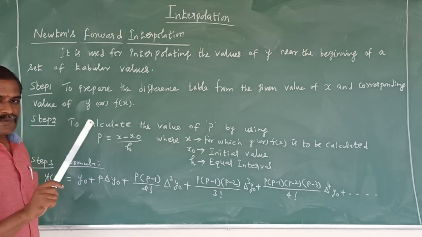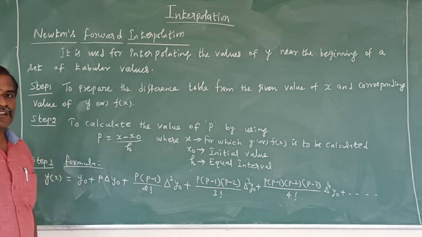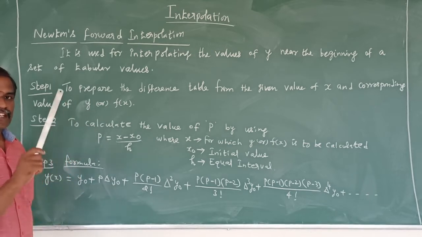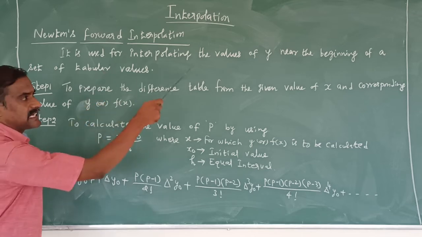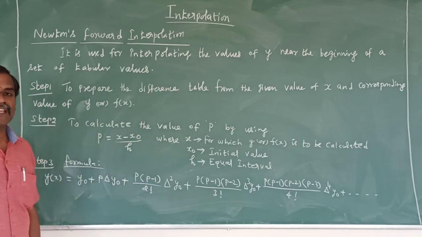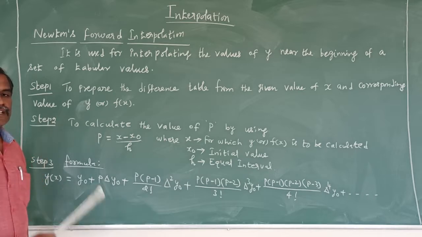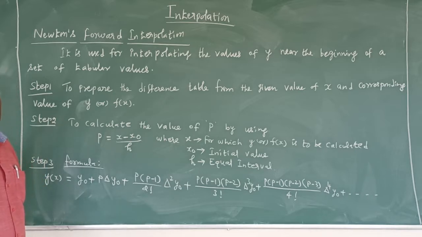If the x value is at the end of the tabular column, then we can use Newton's backward interpolation formula.